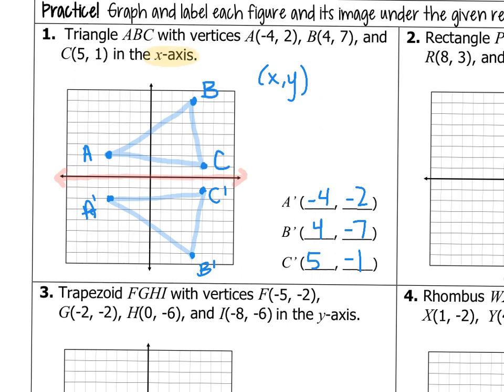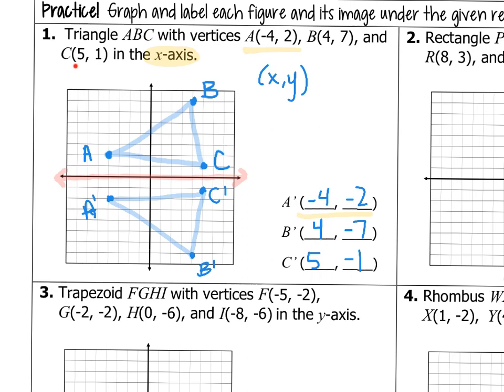Look at A. A is -4, 2, and A prime is -4, -2. What do you notice that's happening? Do you see how the x coordinate is the same, but the y coordinate is opposite? Same thing if you look at B. B is 4, 7. B prime is 4, -7. So we're not doing anything to the x, but we are doing the opposite of our y value.